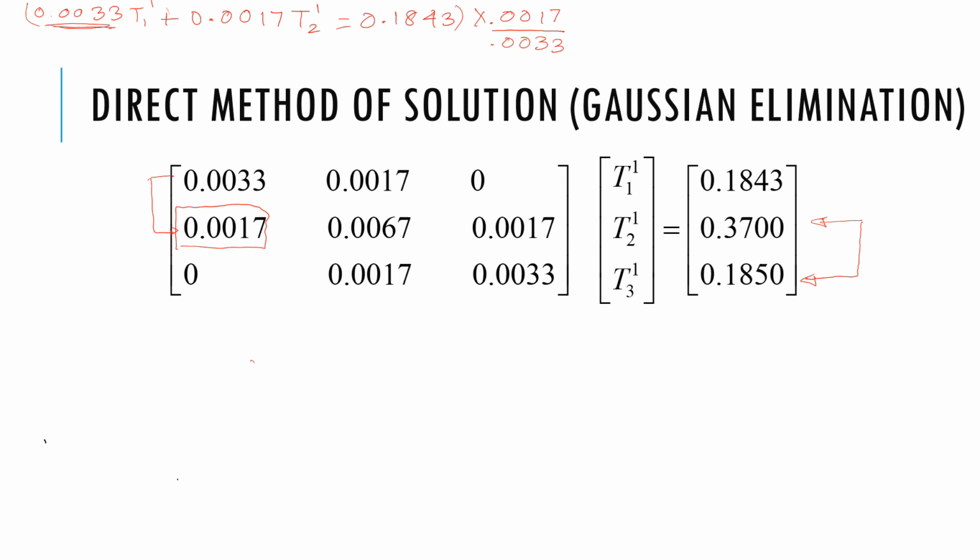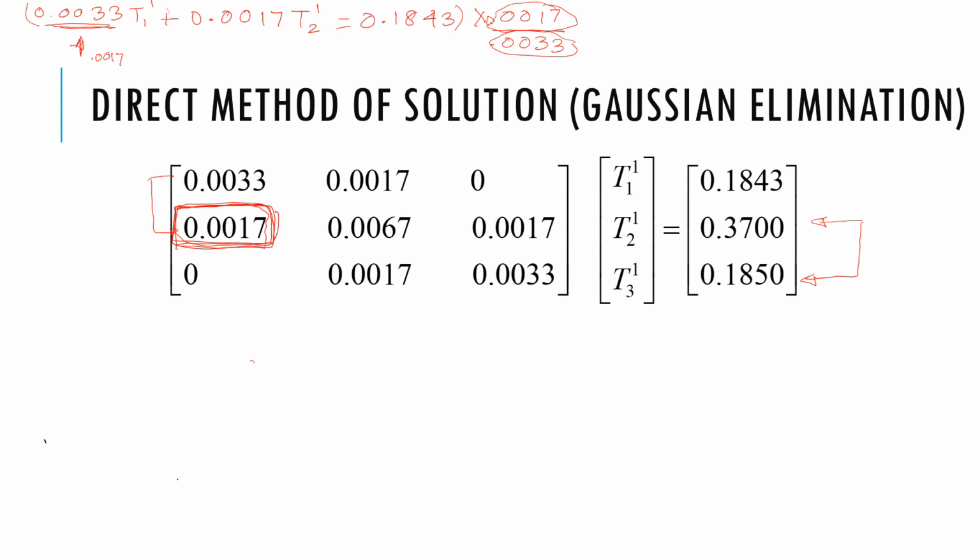If I divide by the same number and then multiply by 0.0017, then I'm going to get 0.0017 here. And then I take that equation and subtract from this one. Because this is going to become 0.0017 after all the work, if I subtract that equation from here, then I'll get a 0 here.